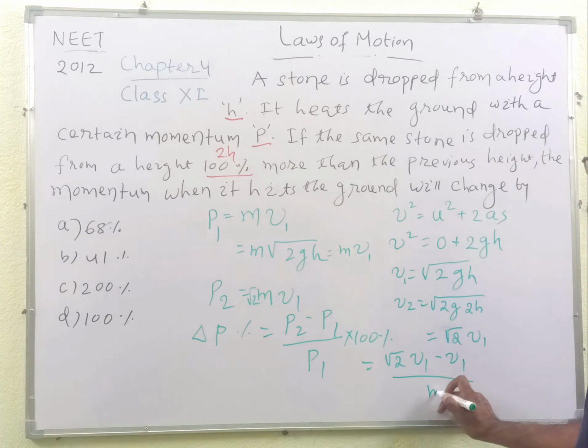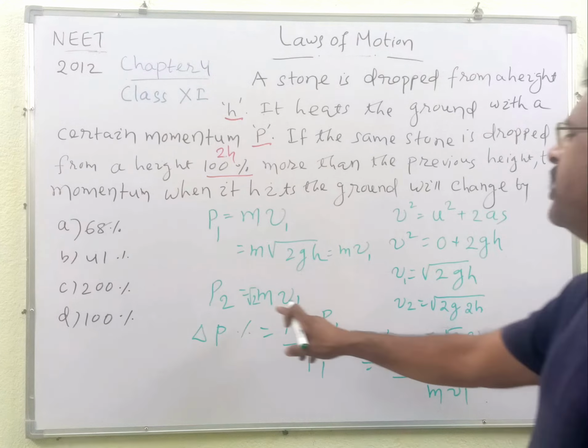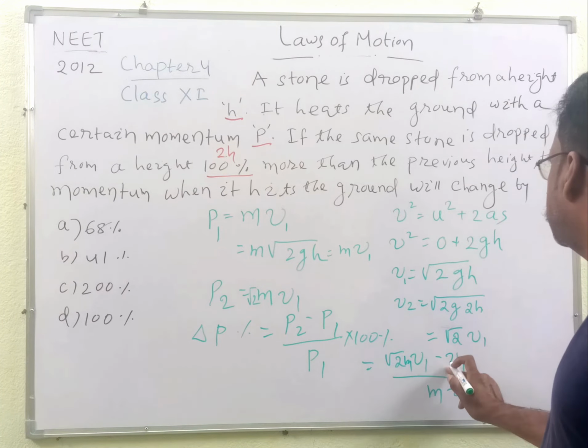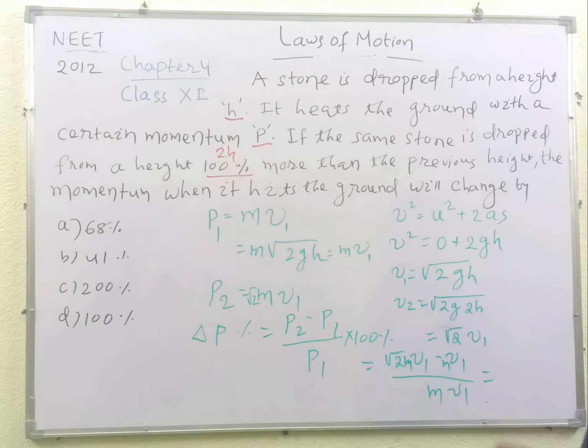P2 is equal to root 2 mv1 and P1 is mv1. So this becomes root 2 minus 1 into mv1 by mv1 into 100%.